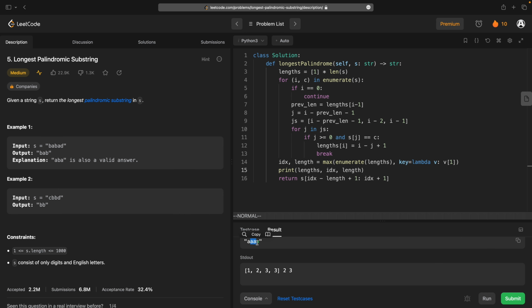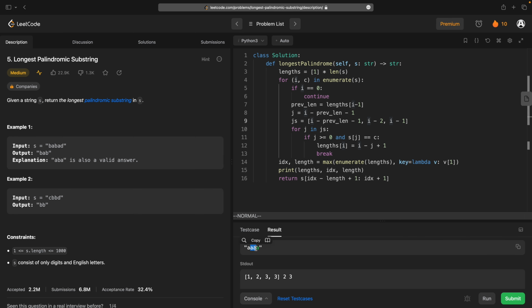And this is only valid for the palindromes that are all one character. This is an edge case, and very specifically, it's an edge case that's quite hard to find. Because if this was A, B, A, A, I need to make sure I'm not accidentally going to trip A, B, A, A.